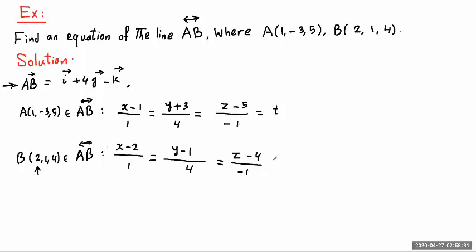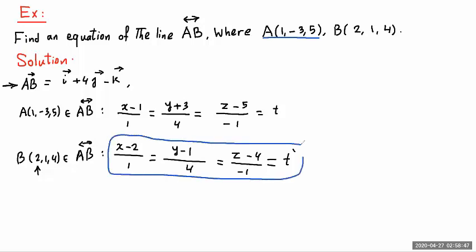To verify that the solution is the same, if we take the point A, for example, we can verify that this point also satisfies the second equation. Why? If I give x equals 1, y equals minus 3, and z equals 5, you can verify that (1 minus 2) over 1 equals minus 1, equals (minus 3 minus 1) over 4 equals minus 1, (5 minus 4) over minus 1 also.